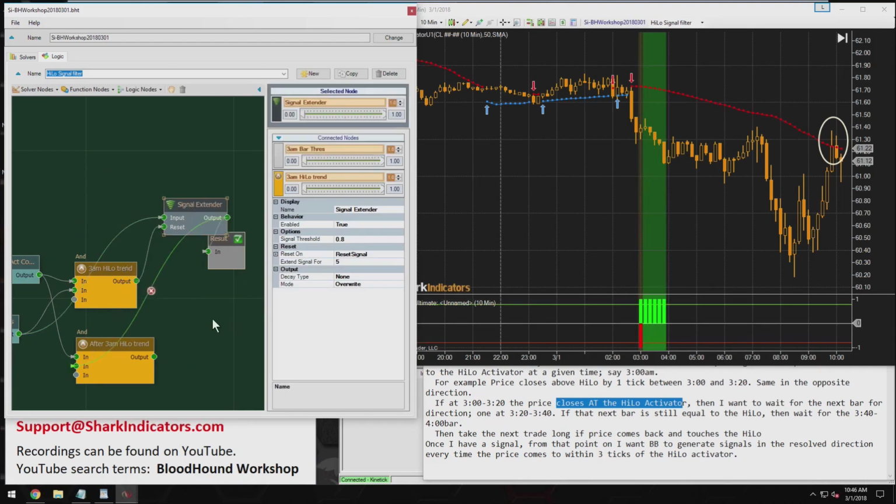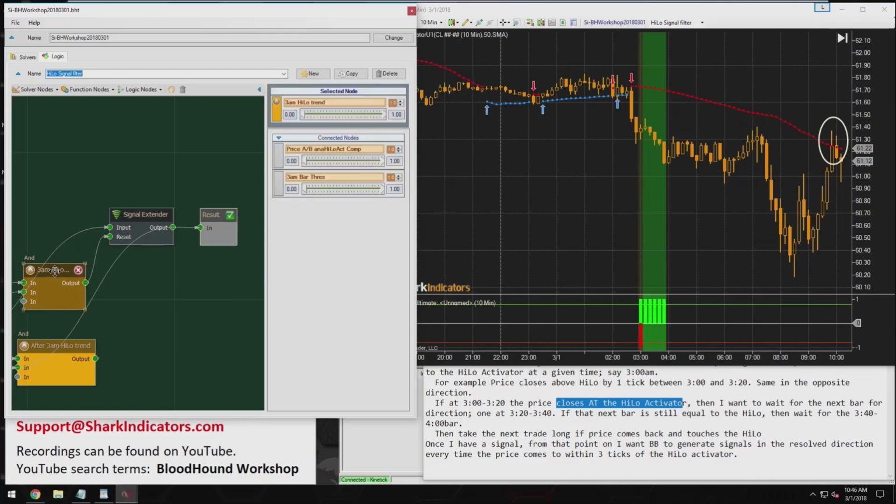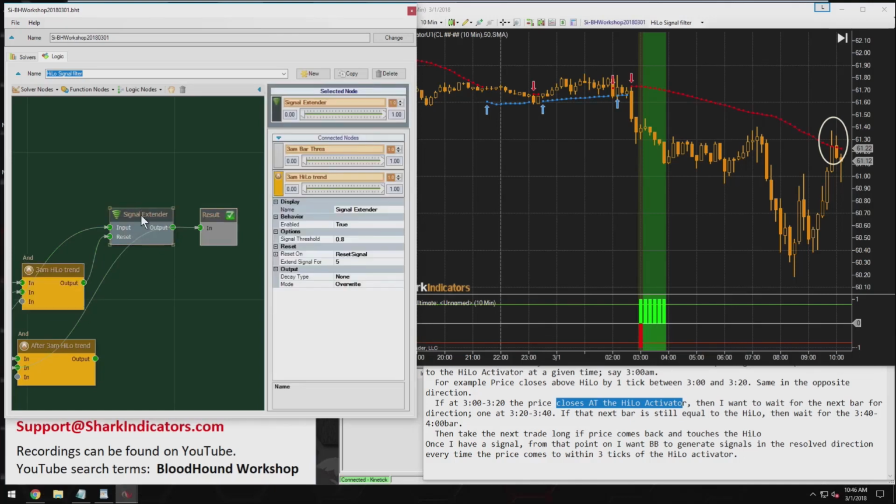This is getting a little messy looking, but let's try and straighten this out. The reason we have this AND node plugged into the reset is that the reset is used to turn the signal extender off. It's used to reset the signal extender. Now we need to figure out what resets we need to turn on.